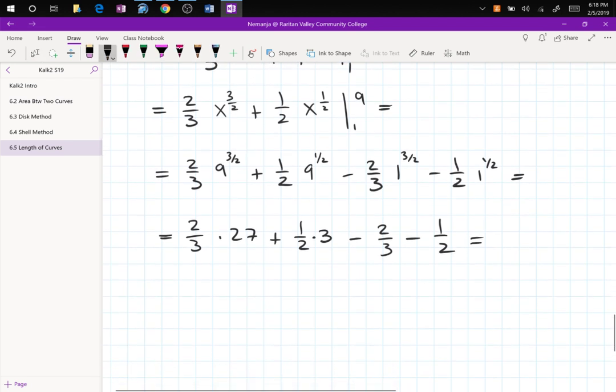So I don't want to cancel this, because if I do cancel, then I'll have to later work to get the common denominator, right? So 2 times 27 is 54, minus 2 is 52/3. And then this is 3/2 minus 1/2 is 2/2, which is 1, so plus 1. That's 3, so 55 over 3.